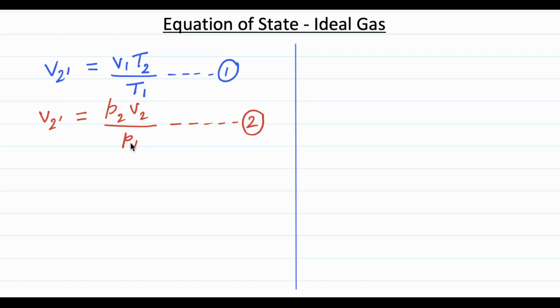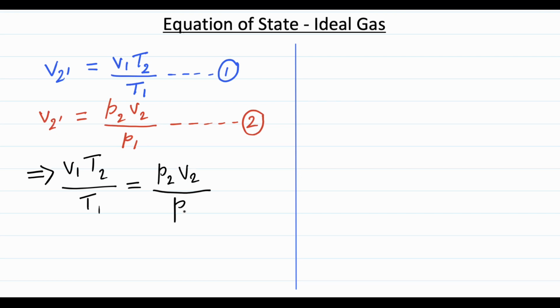By applying Charles' law and Boyle's law to the given state change, we have equations 1 and 2. So now we can equate equations 1 and 2 and write the expression V1 T2 by T1 is equal to P2 V2 divided by P1.